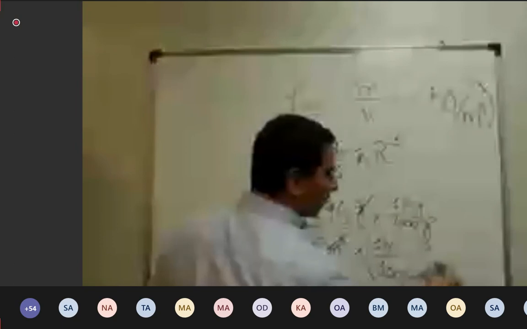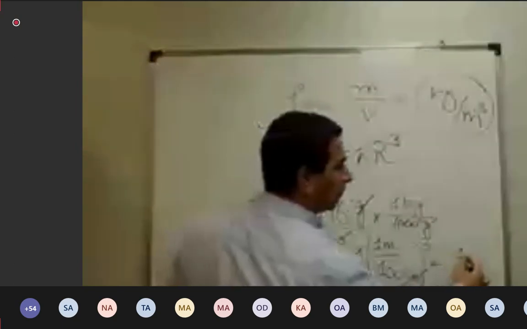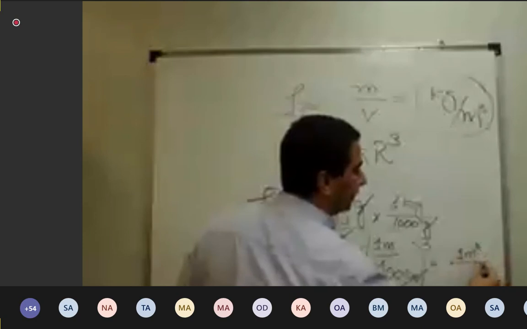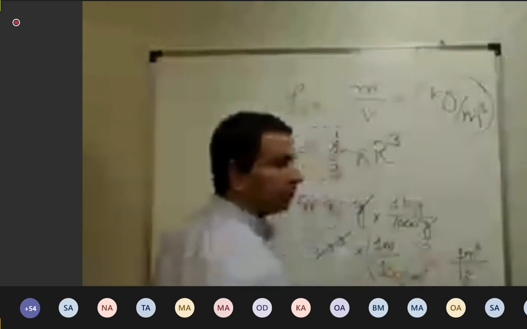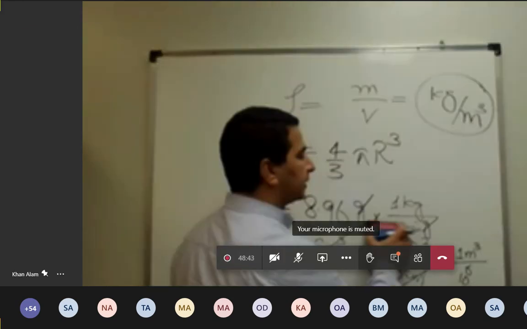What I am left with in the denominator is 1 meter cube divided by 100, which I can write as 10 to the power 2, and the power 3, which is 2 times 3, gives me 6. Since I have 1,000 here and 10 to the power 6, I can write the 1,000 as 10 to the power 3.